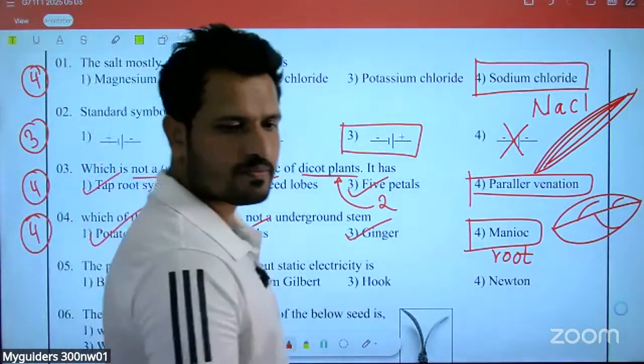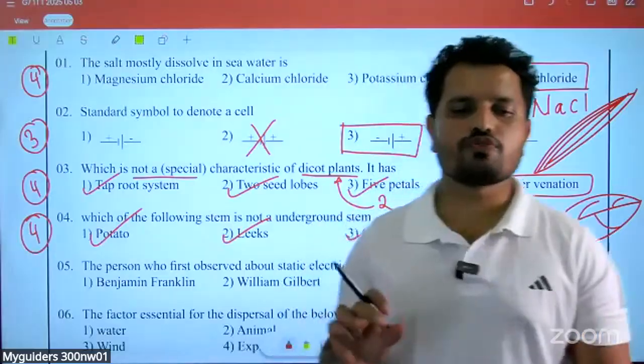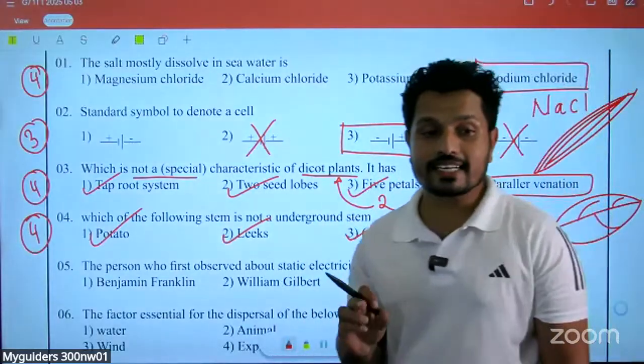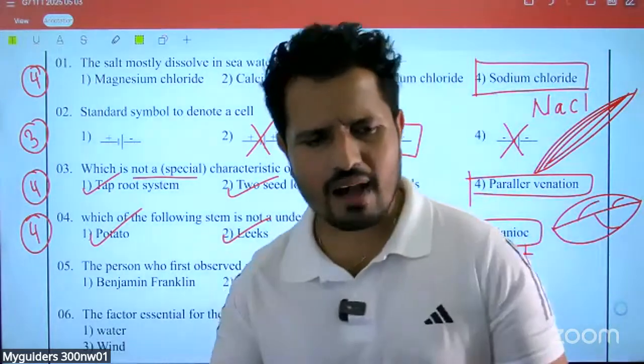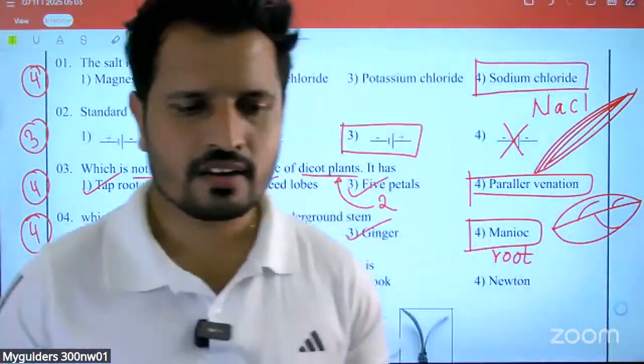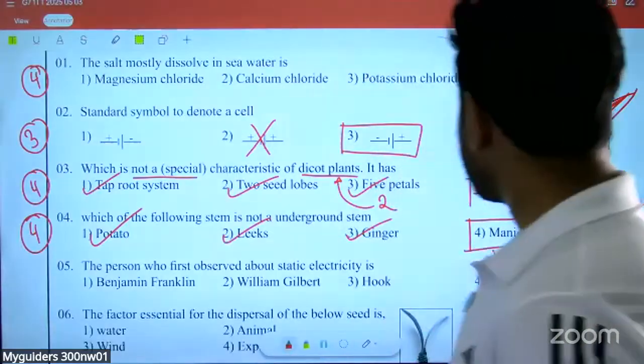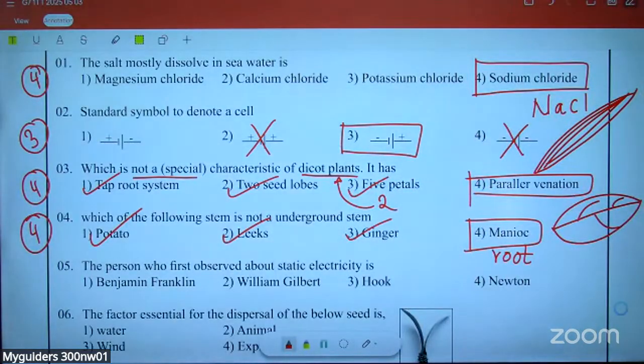Fifth one. The person who first observed static electricity. Right? So look at the given answers. Newton. Is Newton relevant to static electricity? What do you think? Did Newton have any connection with static electricity?